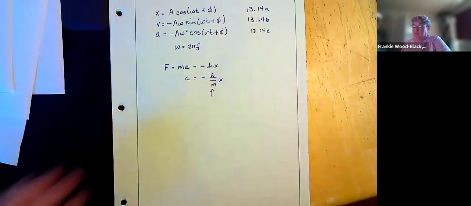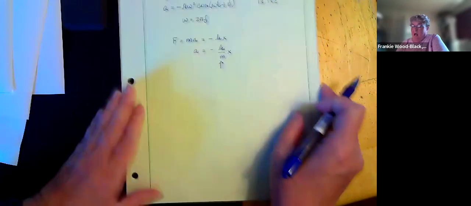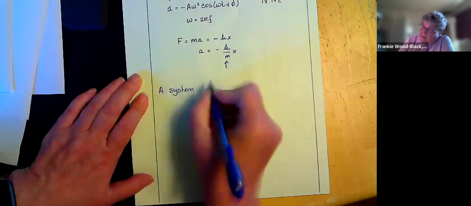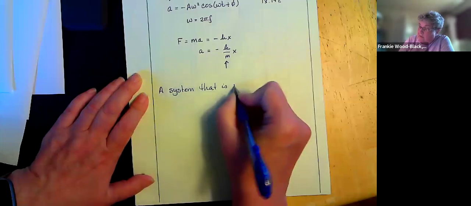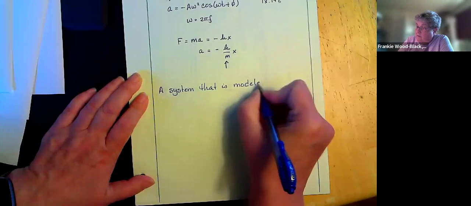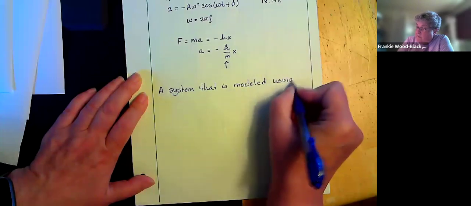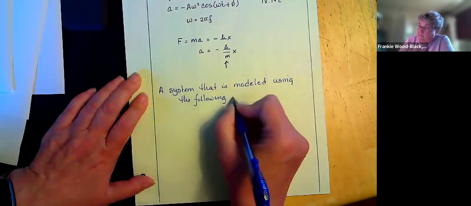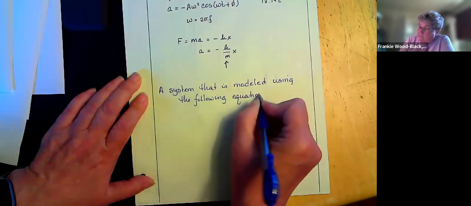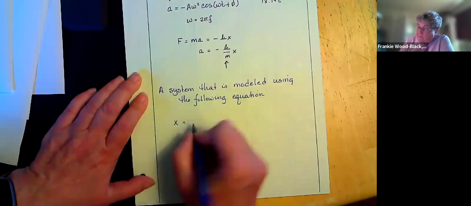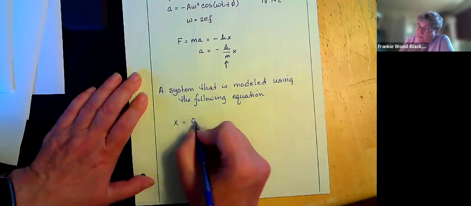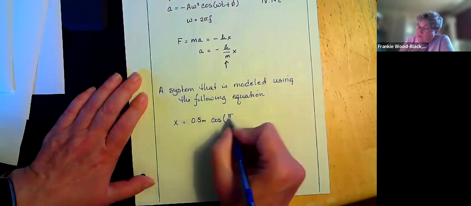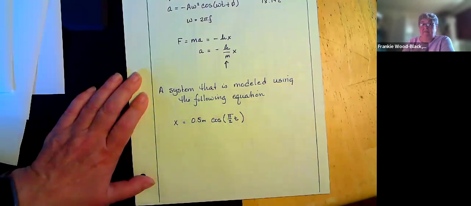So I could give you a problem that looks like this. I'm going to give you a system that is modeled using the following equation. x is going to equal 0.5 meters cosine pi over 2 t, and that's my system.